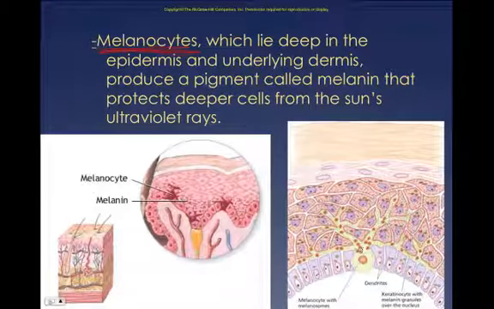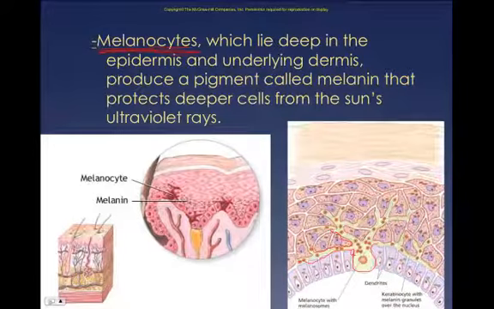And here's a picture of one of your melanocytes. You're going to see these goofy looking cells that have all these little cellular extensions, okay? And these extensions are going to go in between those developing epithelial cells, or those developing keratinocytes.